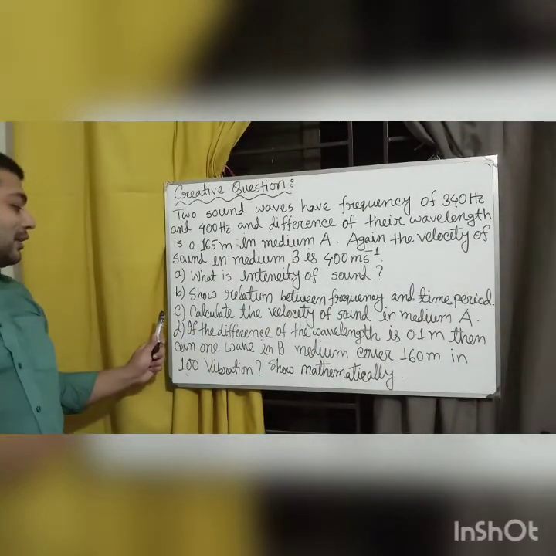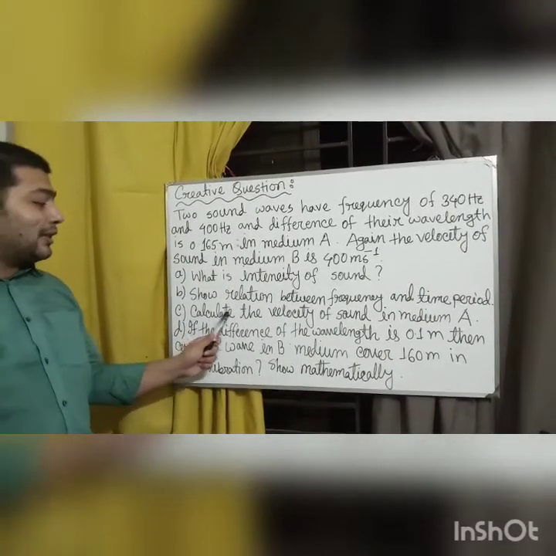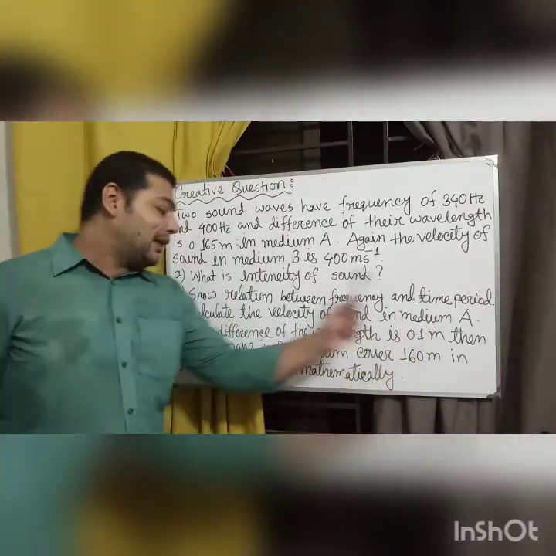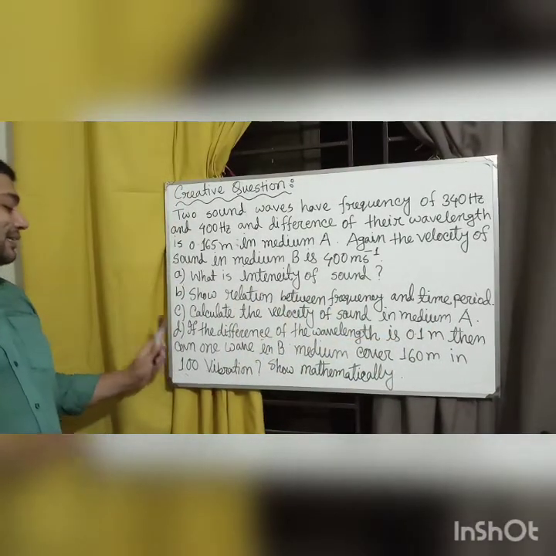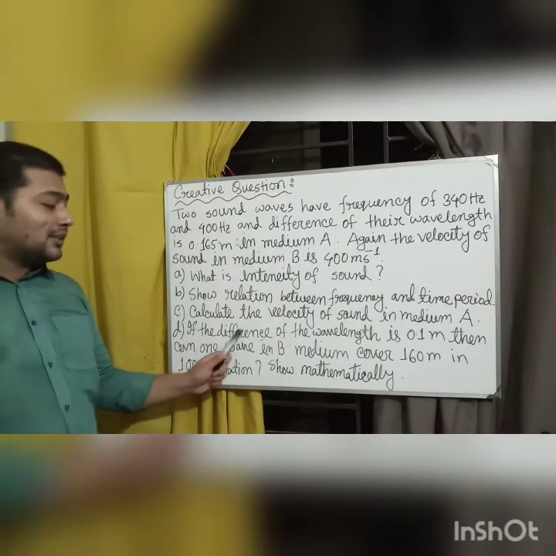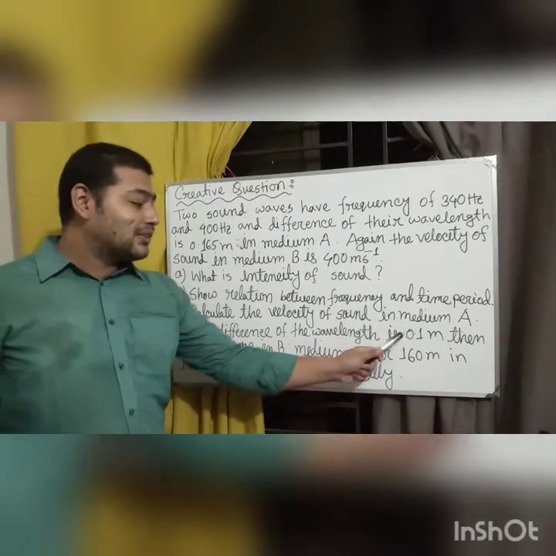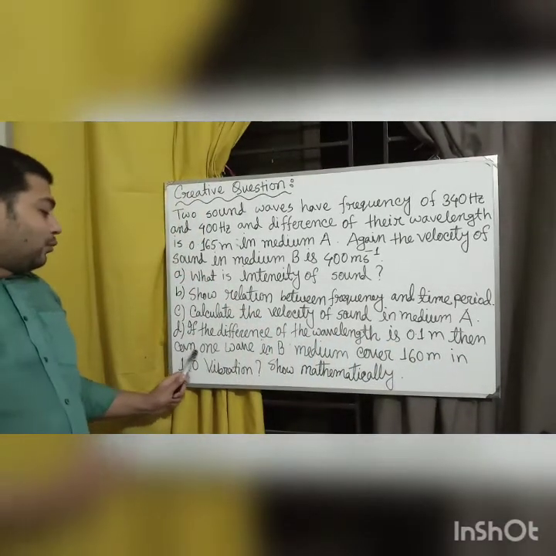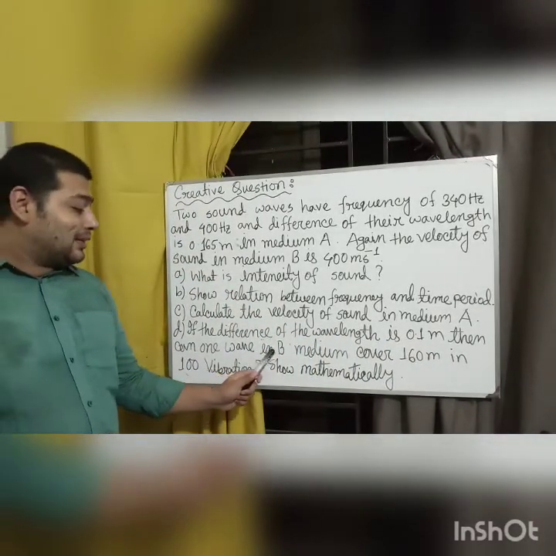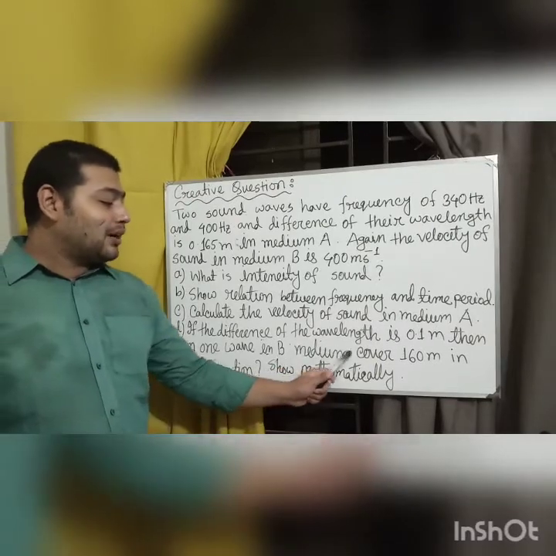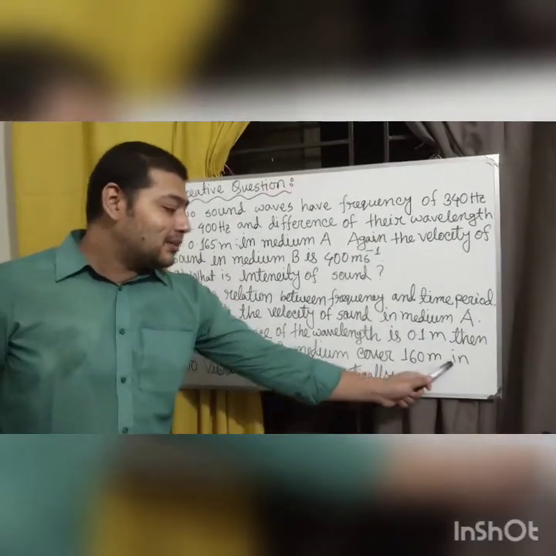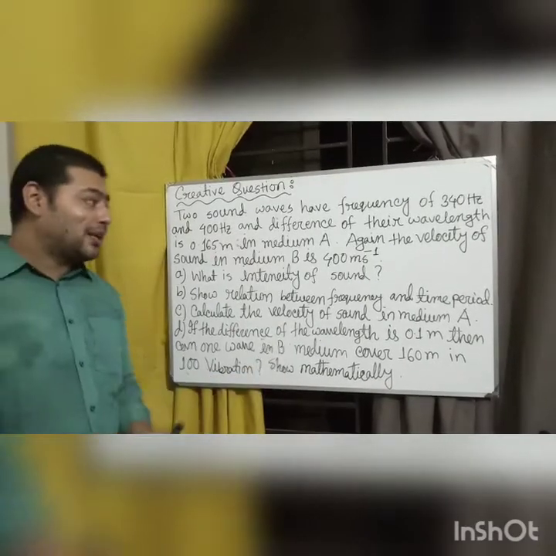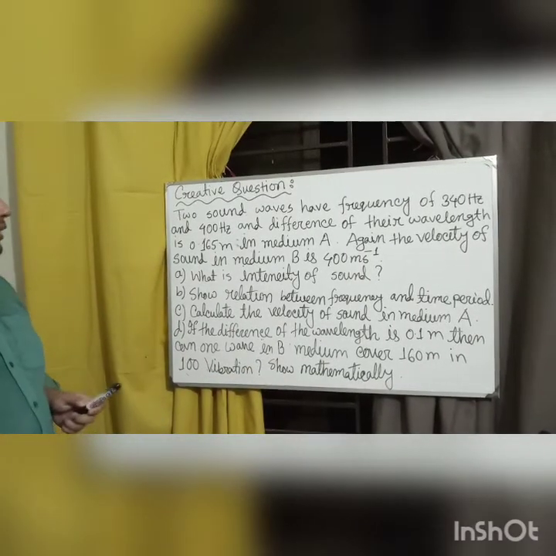Question number C is: calculate the velocity of sound in medium A. And question number D is: if the difference of the wavelength is 0.1 meter, then can one wave in B medium cover 160 meter in 100 vibration? Show mathematically.